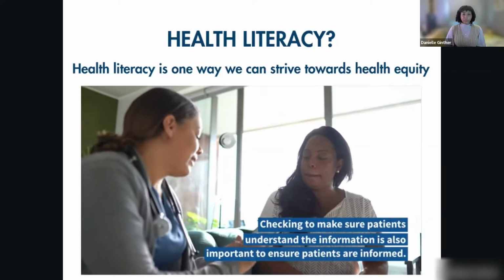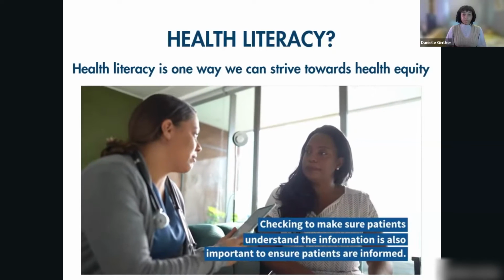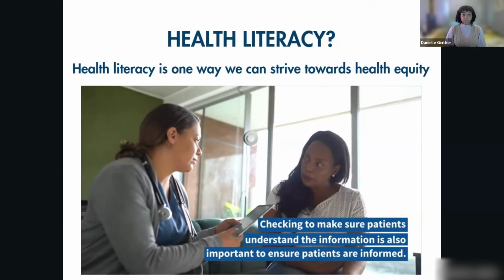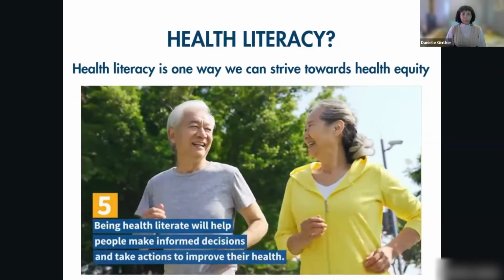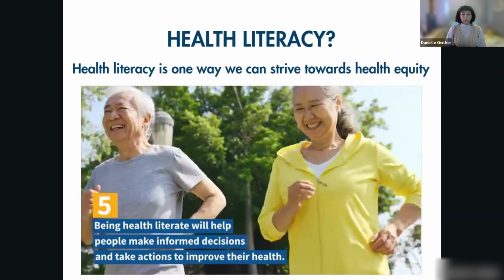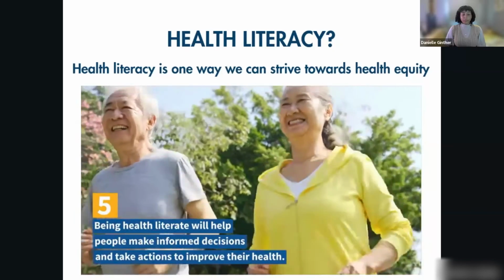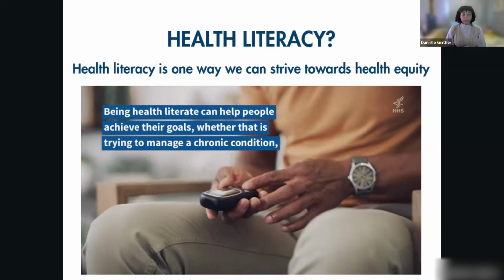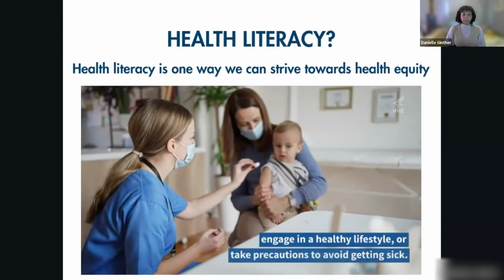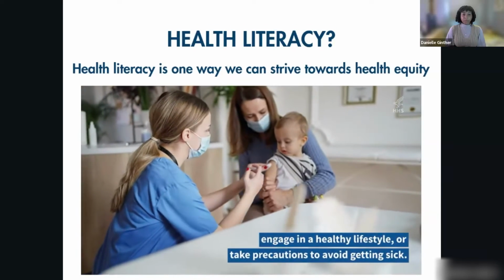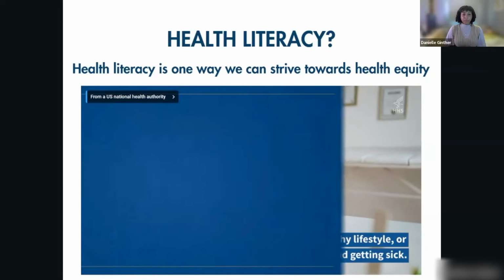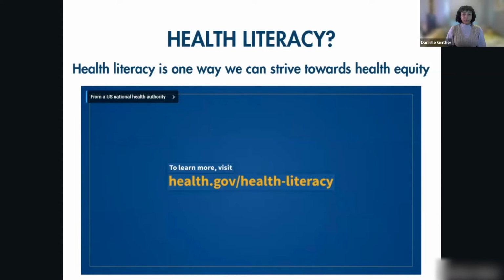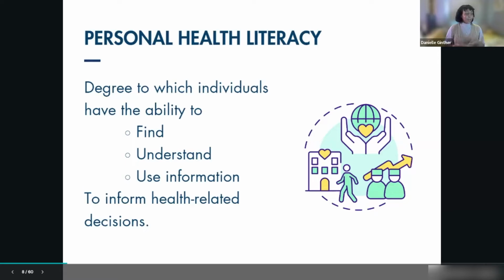Checking to make sure patients understand the information is also important to ensure patients are informed. Fifth, being health literate will help people make informed decisions and take actions to improve their health. Being health literate can help people achieve their goals, whether that is trying to manage a chronic condition, engage in a healthy lifestyle, or take precautions to avoid getting sick. To learn more about how you can improve health literacy, visit health.gov/health-literacy. All right, so thank you for joining me and watching that video.